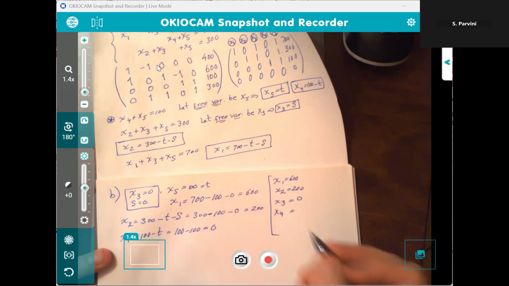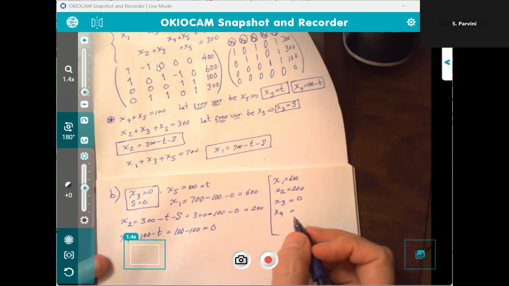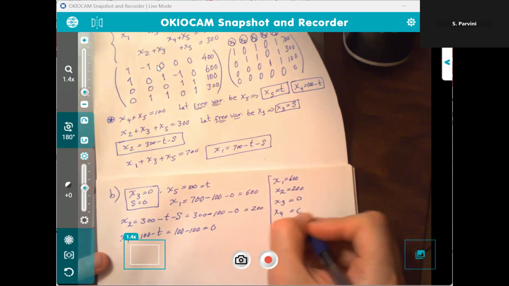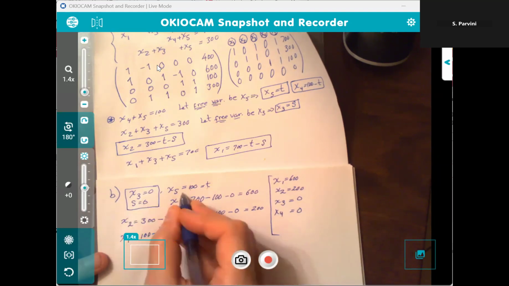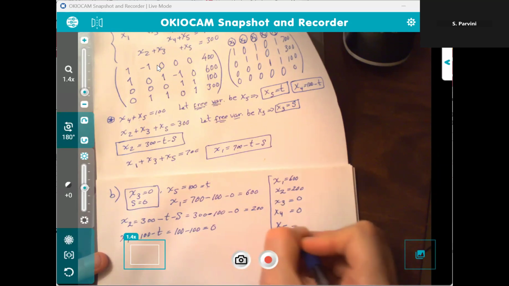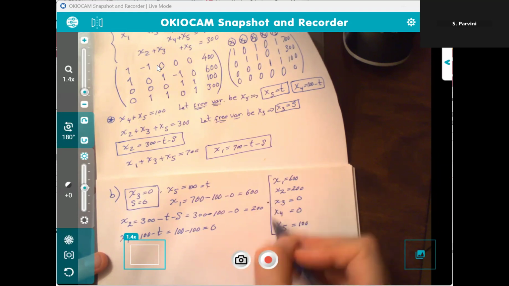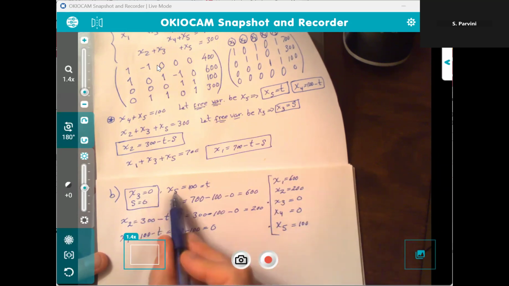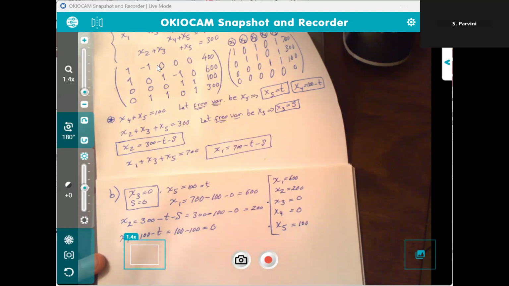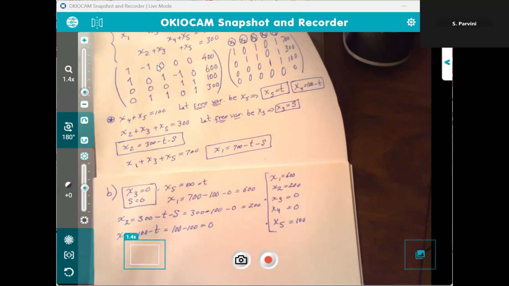And that would be 0, wouldn't it? So x sub 4 is 0. And x sub 5 was given. That would be 100. 3 and 5, those were given in the statement of the problem. And there is the solution. Is everyone okay with that?